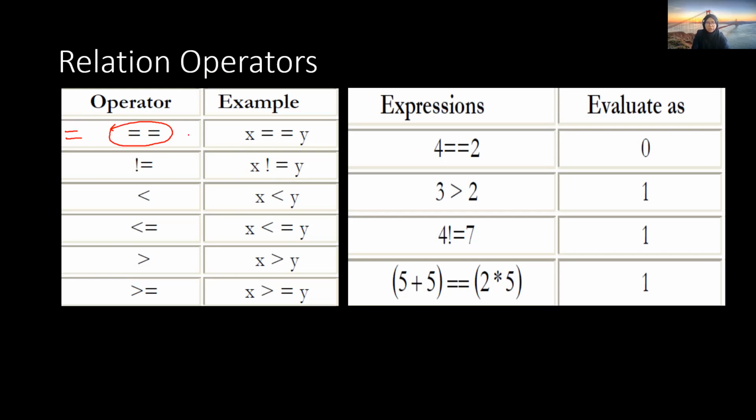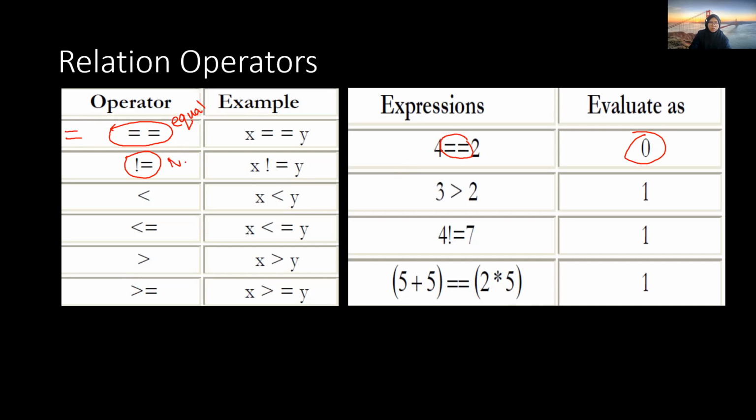In this relation operator, the double equal sign means that it is equal. Let's see an example. 4 is equal to 2? Does 4 equal 2? No, 4 doesn't equal 2. So that's why the value is 0. It's false. And let me write this one, this is equal.